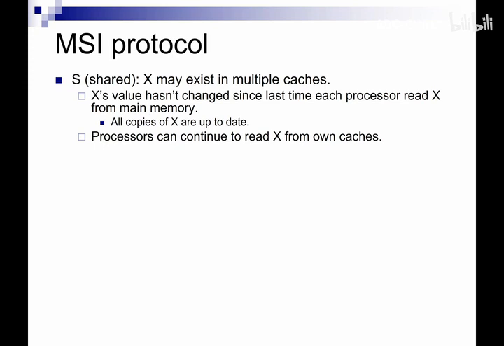In fact, the variable's value has not changed since the last time each processor read the variable from memory. So all of the copies of this variable are up to date. Because the values are up to date, the processors can simply read the value of X from their own caches. This is why we say that X is in the shared state, because it can be safely shared between all of the processors.